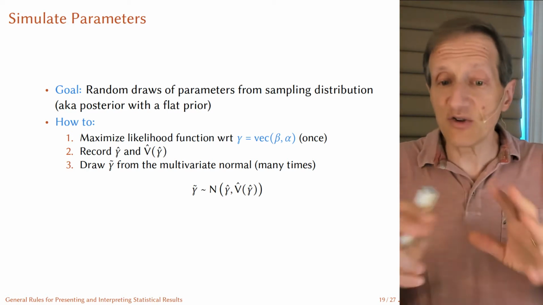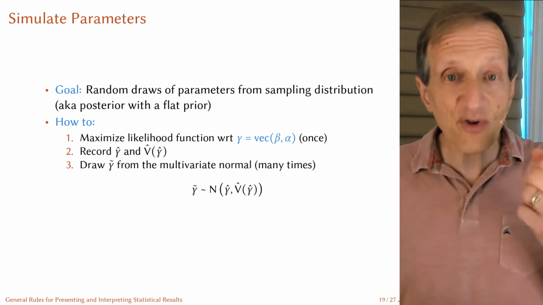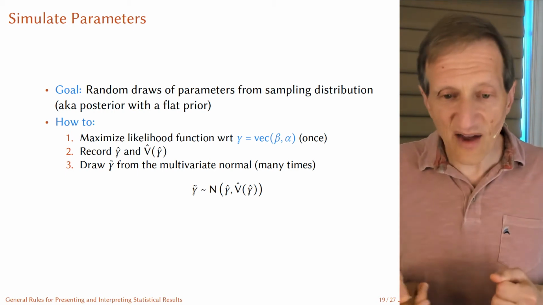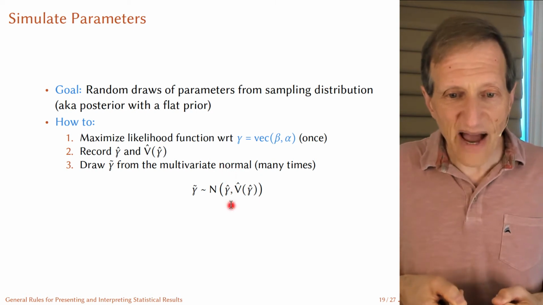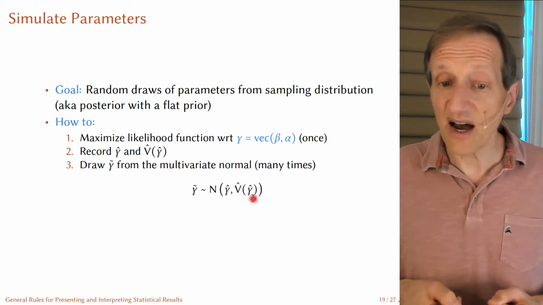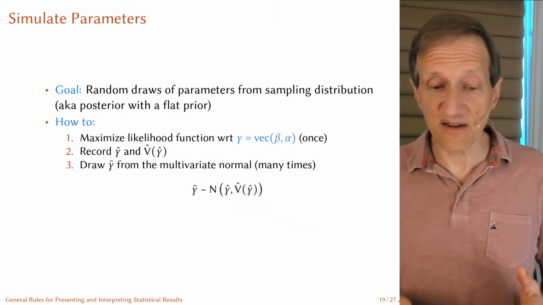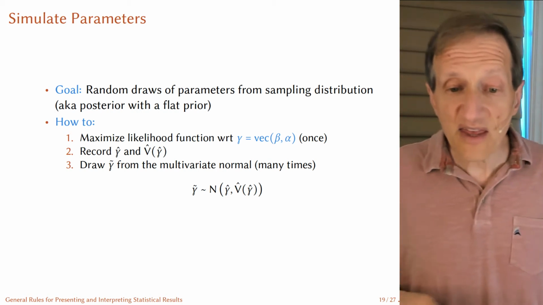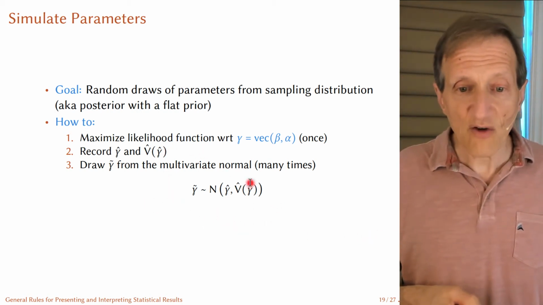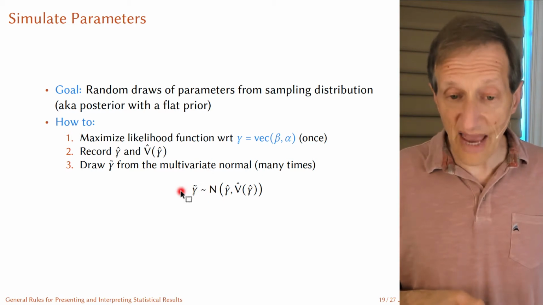But we're just going to do this for now, and we're going to draw many simulations of the parameters from the normal model, given the maximum likelihood estimates as the mean and the variance covariance matrix as the uncertainty. They came from here, right? So it's direct. This move here reflects all of the uncertainty in the estimated parameters.